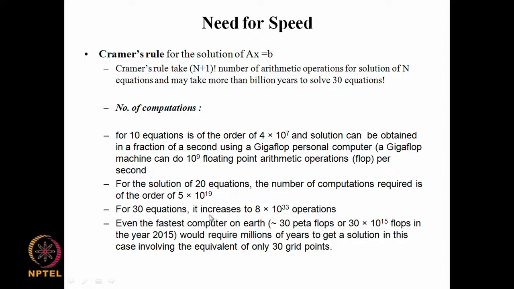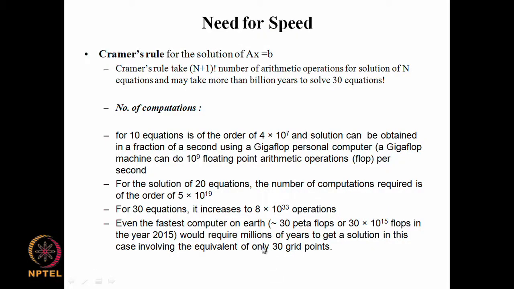And if you divide that by the fastest machine that is available, which can do 30 petaflop operations, so 30 times 10 to the power 15, which is 30 million times faster than your gigaflop machine. Okay. Yet even this would take 10 to the power 18 seconds, and that is more than the total age of the earth.